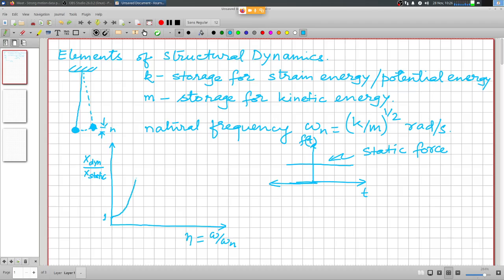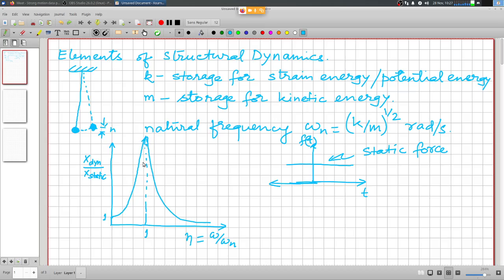and you will find that it will go something like this, and this happens at the tuning ratio of 1. So when the natural frequency is close to the excitation frequency, you can see the response that it builds.